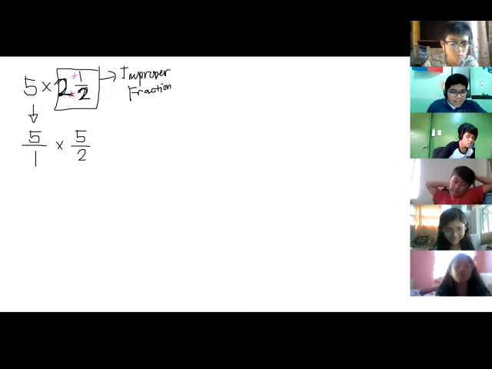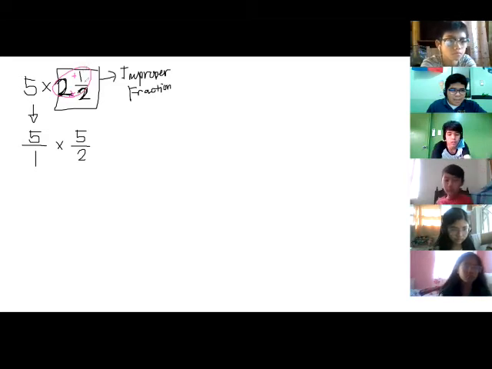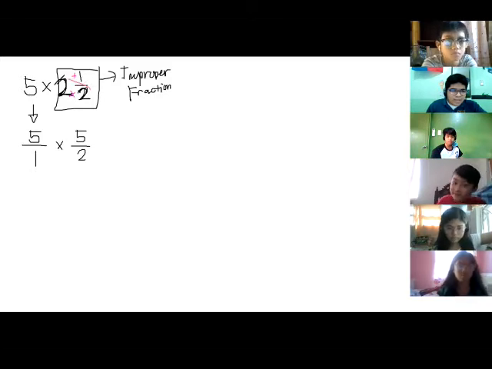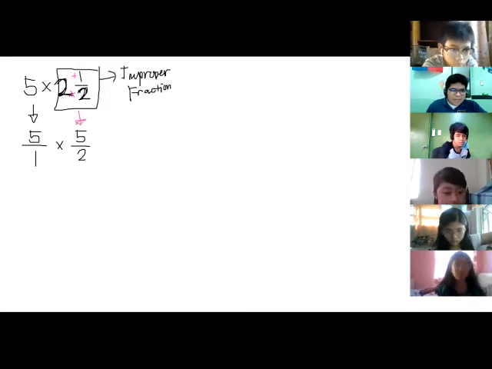Huwag yung unahin yung pag-plus. Mamamali kayo nun. 2 plus 1, 3. 3 times 2, 6. O, mali na agad. So, unahin niyo yung times dito and then plus 1. That's how you transform a mixed number into an improper fraction.